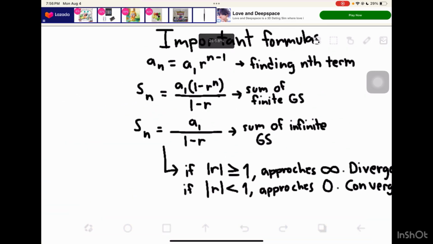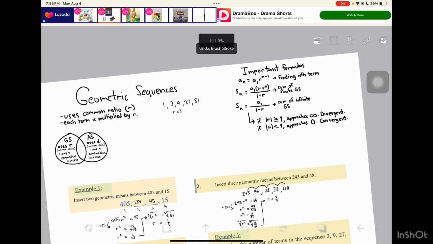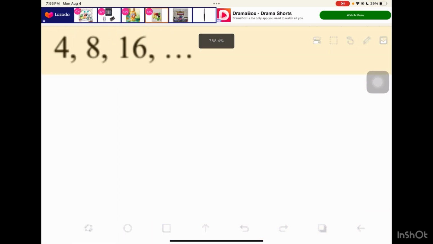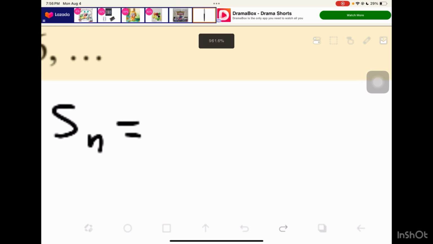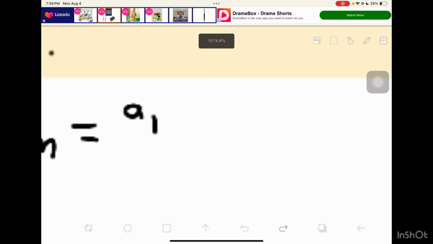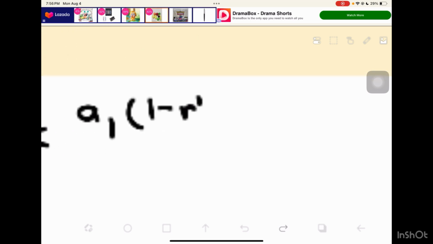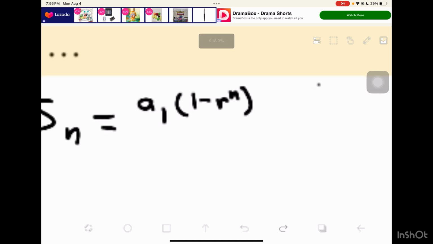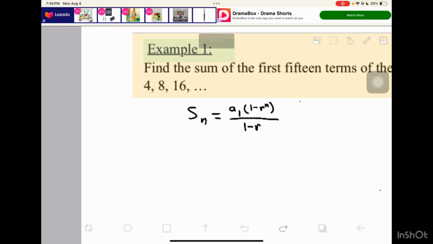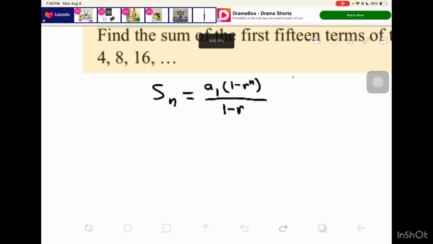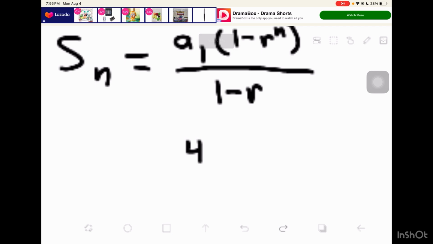So we're going to have to use the sum of the finite geometric sequence formula, which is here. Let's repeat it: S sub n is equal to a sub 1 times parentheses 1 minus r raised to n, all over 1 minus r. Let's dissect this. First, let's get our a sub 1, which is the first term, obviously 4.